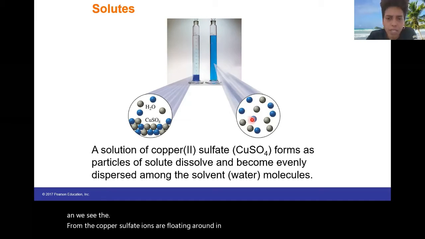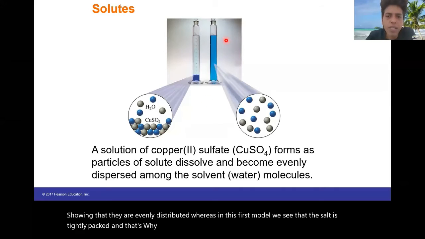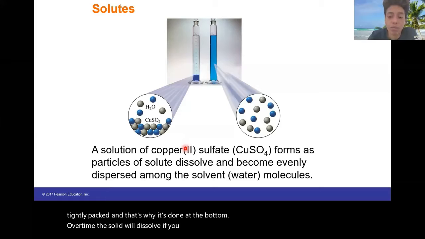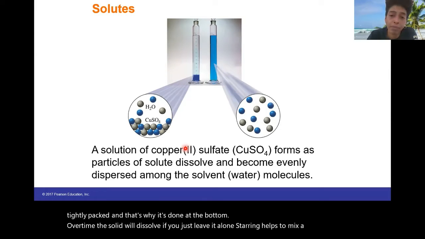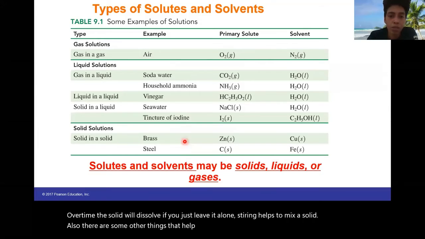Notice that this is just a model showing that they are evenly distributed, whereas in this first model, we see that the salt is tightly packed, and that's why it's down at the bottom. Over time, the solid will dissolve if you just leave it alone. Stirring helps to mix a solid solute. Also, there are some other things that help a solid solute to dissolve or mix.